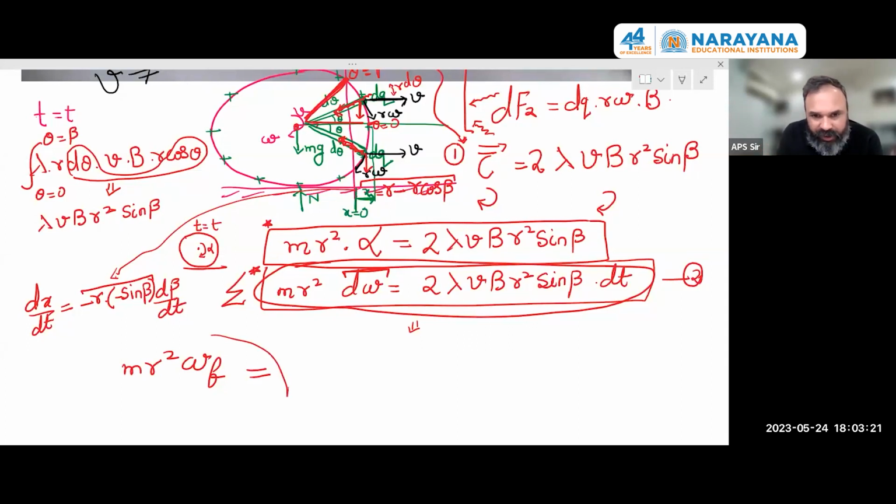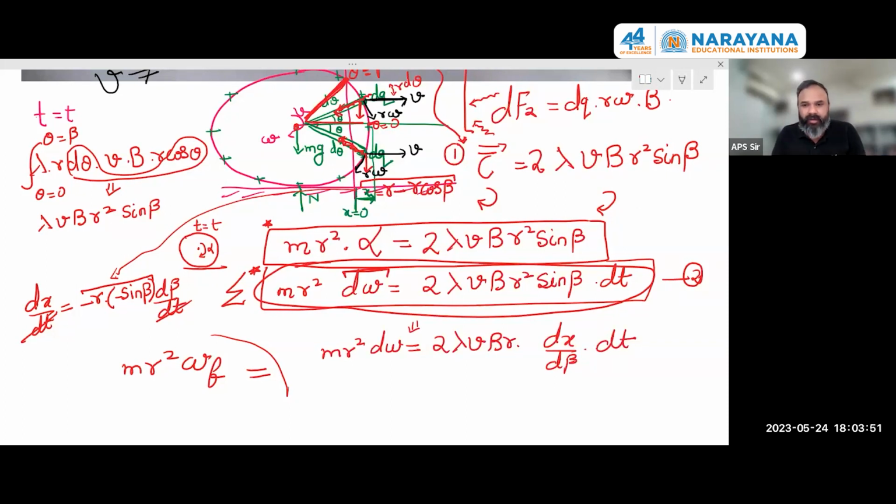So if I would not have taken this, I would have got m r square d omega is equal to 2 lambda v b r. Take r sine beta. R sine beta you can write as dx by d beta, right? R sine beta can be written as dx by d beta. And simply you have got that dt term. Now just try to observe.